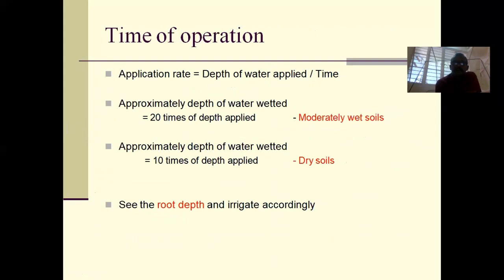The very good way of deciding time of operation in sprinkler irrigation is to see the root depth and irrigate accordingly. We should not operate the sprinkler irrigation so that water goes beyond root zone.